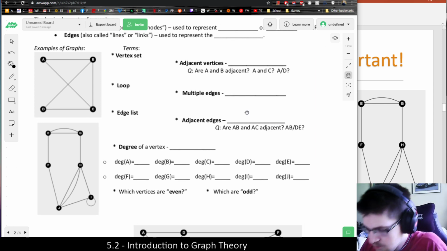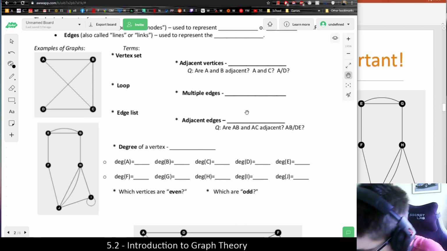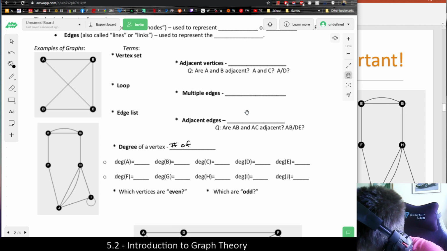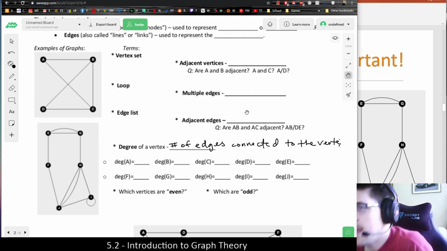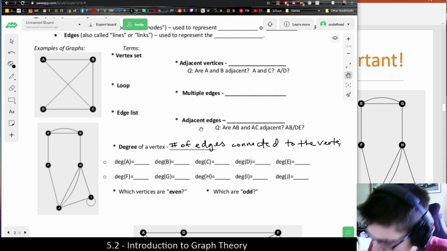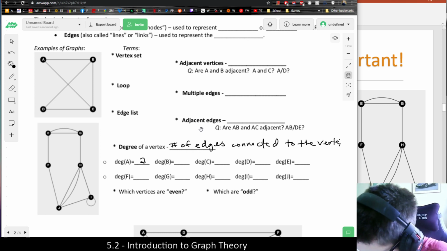Just to fill in some of these things, I've already discussed them in these slides, but the degree is the number of edges connected to that vertex. Okay, and so if we're looking at these graphs, we already concluded the degree of A was 2, the degree of B was 3.